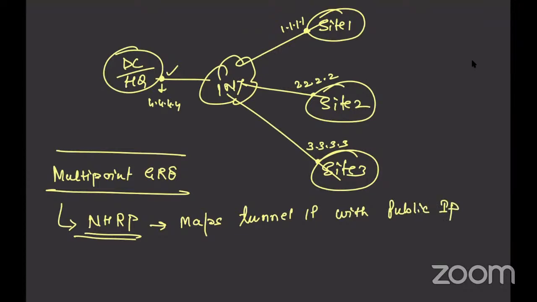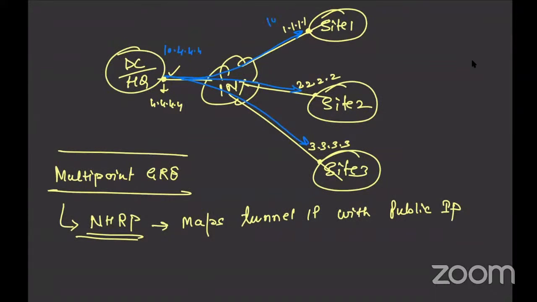So, for example, if I create a tunnel over top of it, and this tunnel has IPs like 10.4.4.4, here it is 10.1.1.1, 10.2.2.2, 10.3.3.3. Why do I take the 10 network? Because this is a private network. Your tunnel IP will be on the private network.